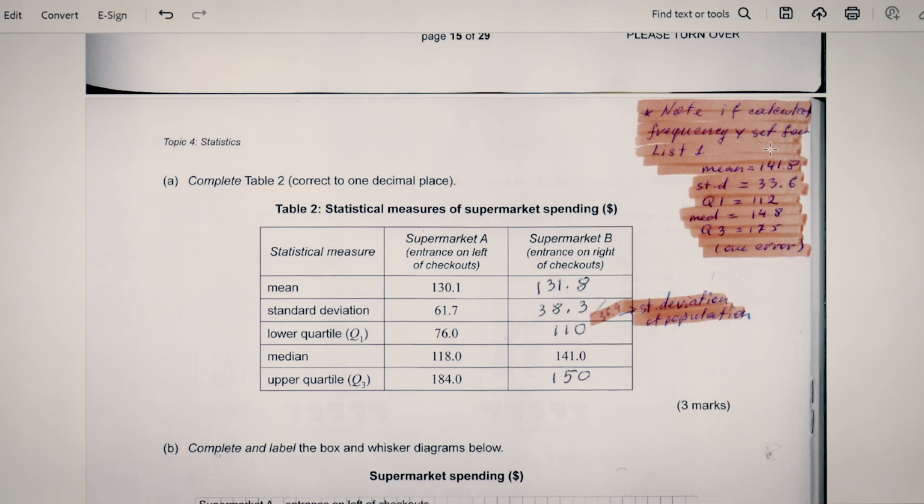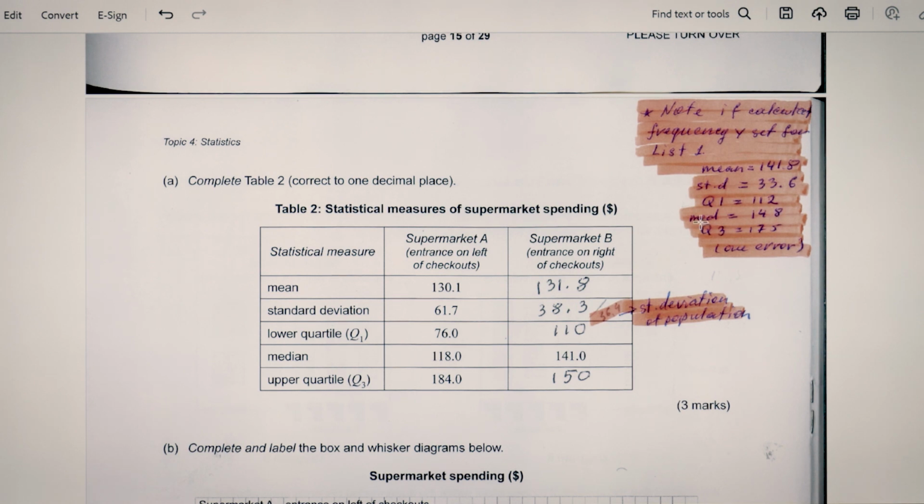Sometimes they have that. So this is another point to check their calculators before exams. So frequency has to be 1, and the variable, 1 variable, is list 1. But if they did that, we counted it as 1 error, a settings error, and they were given only 2 marks.